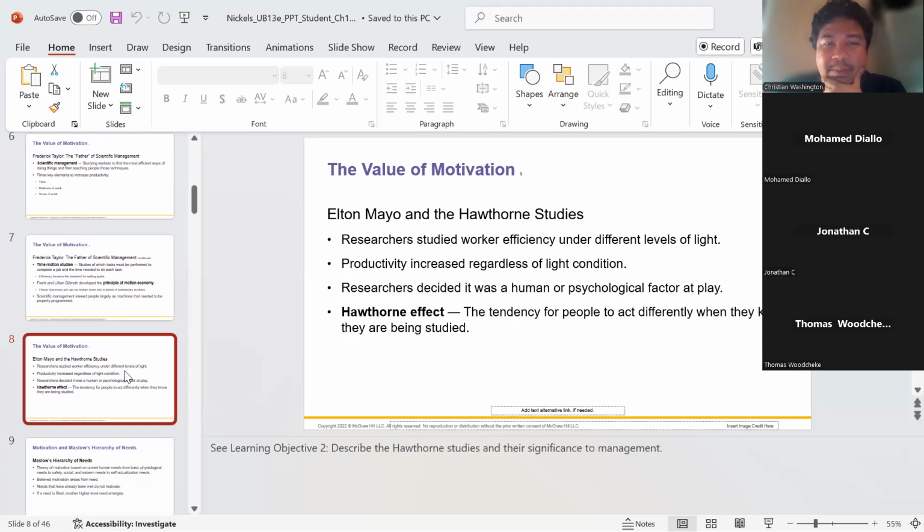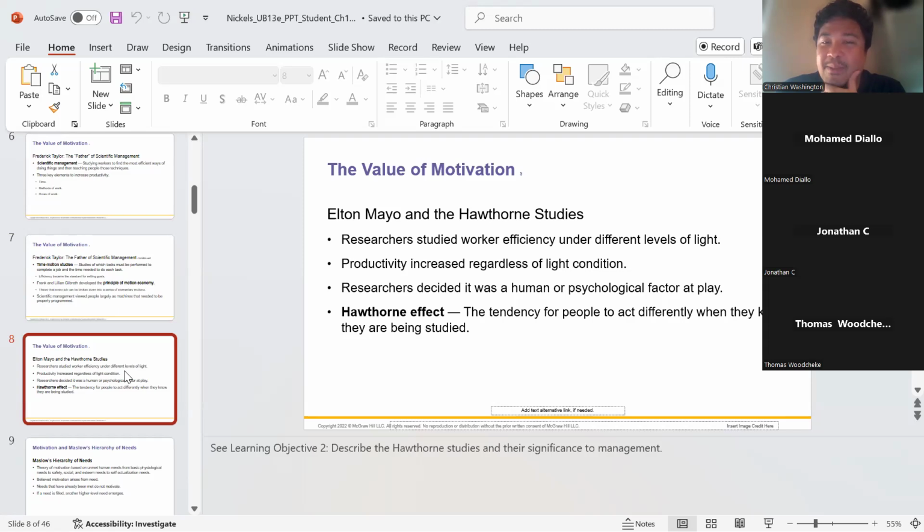So Elton Mayo and Hawthorne studies. So you want to know the studies, get a basic idea of what the study is. So this is about light conditions. This is actually a really interesting study. If you're working under natural light, well-lit rooms, people work better. People are happier. People are more motivated. If you're working in a dark room with artificial light, people don't work as well. That's pretty much what it is.